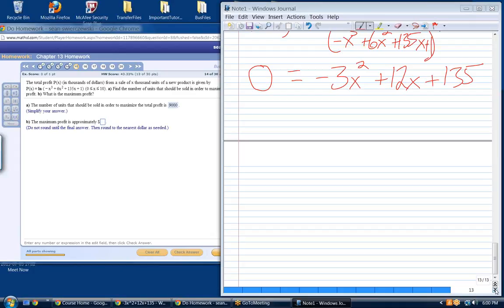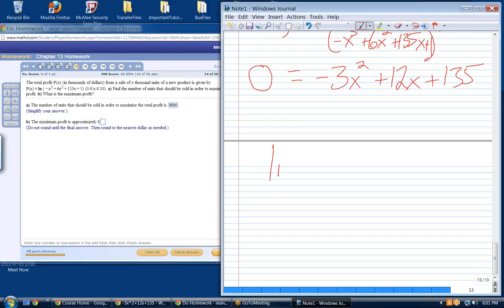What would I get if I plugged 9 into the derivative function? I would get 0. That's how we solved for 9, it's equal to 0 when x is 9. So we don't want to plug 9 into the derivative function. We want to plug 9 into the original function.